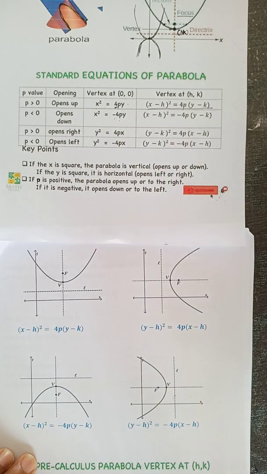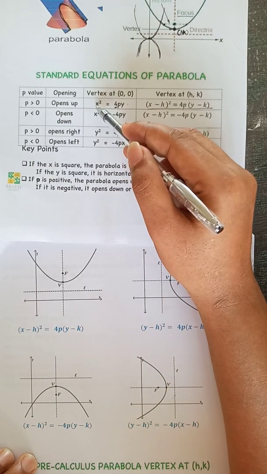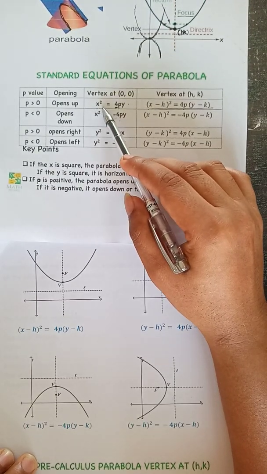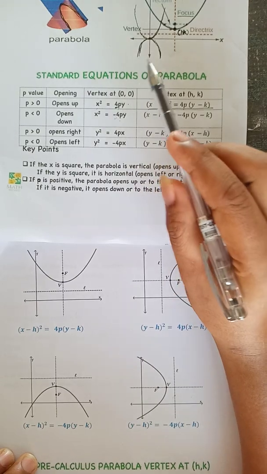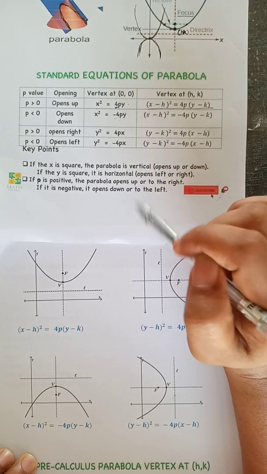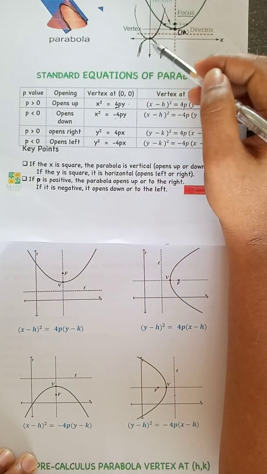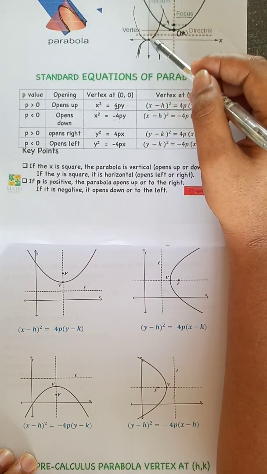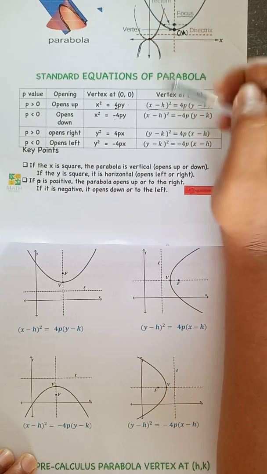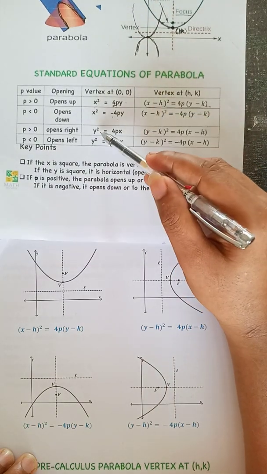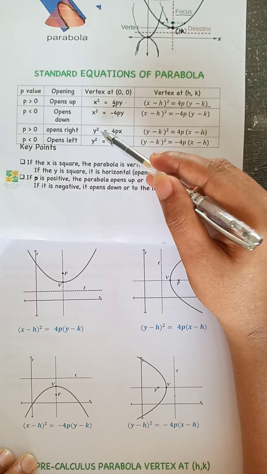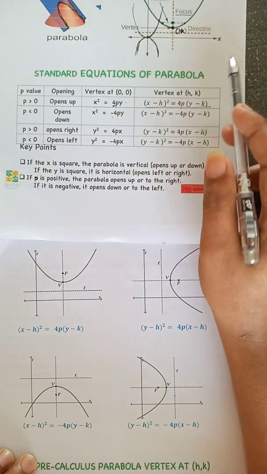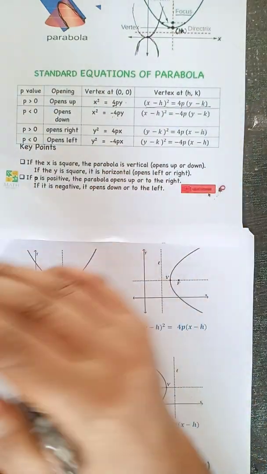The key point here is if ang atong x is squared, meaning it's either going upward or downward. Okay? Kung ang x nato is squared, a parabola opens either upward or downward. Next, if ang y is squared, it's either opening to the left or to the right.